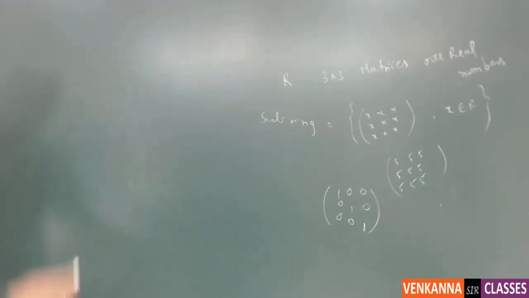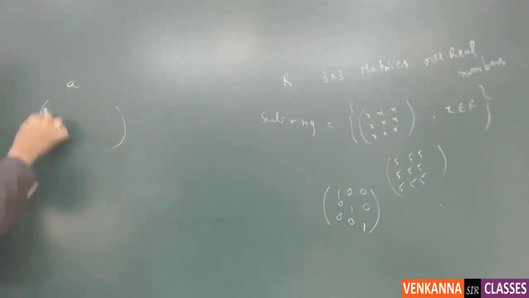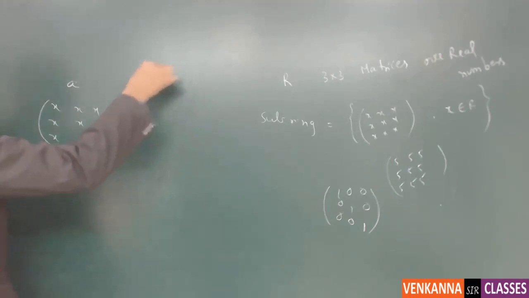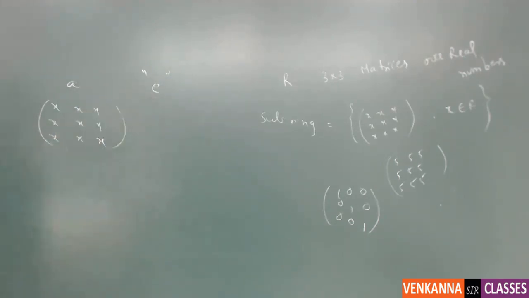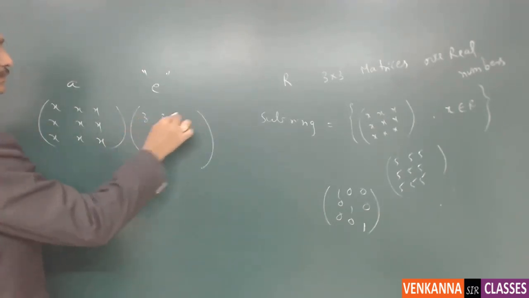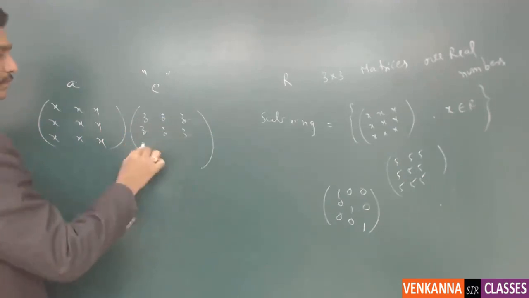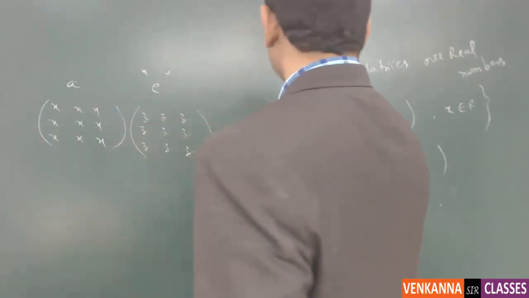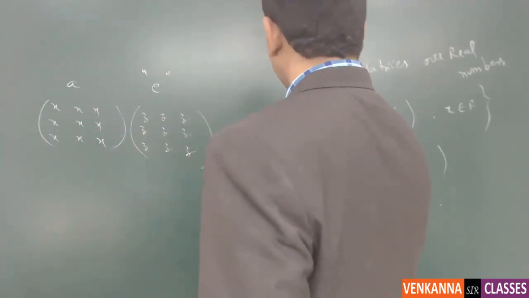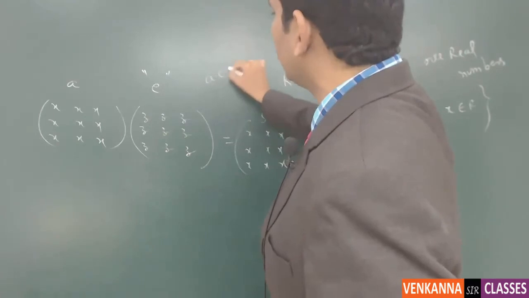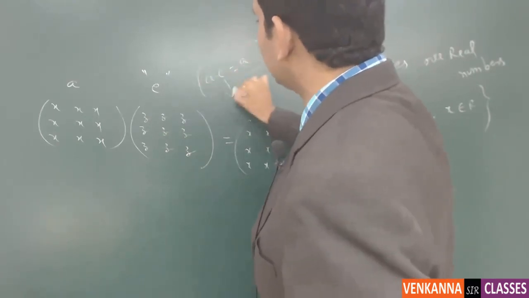I have taken the element A. The entries are nothing but x, x, x. And I say that E is the identity element. So let us say this is another matrix, for example, you take z. Now what happens? It is giving the same result. Because this is the identity element, you should get A dot E is equal to A. Because E is identity.